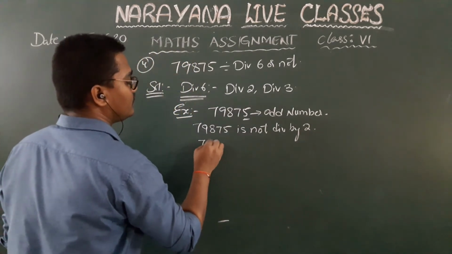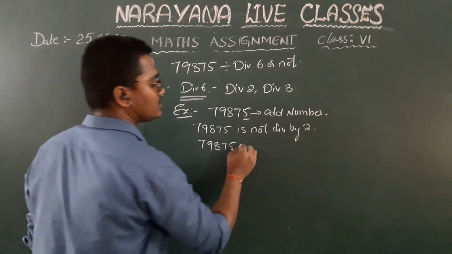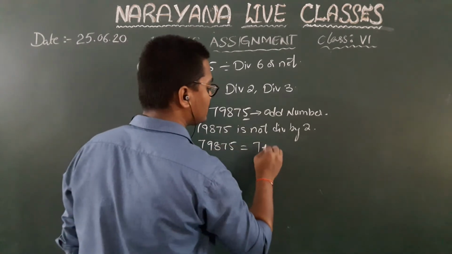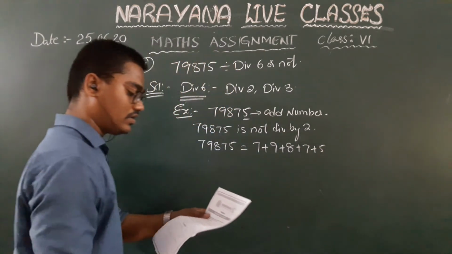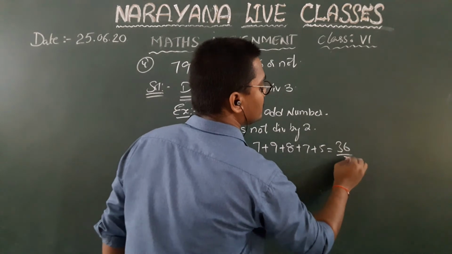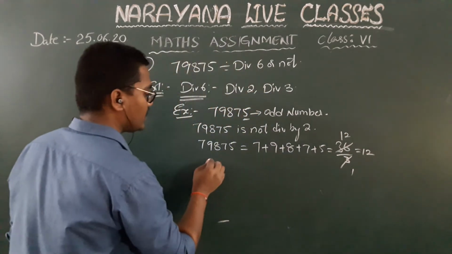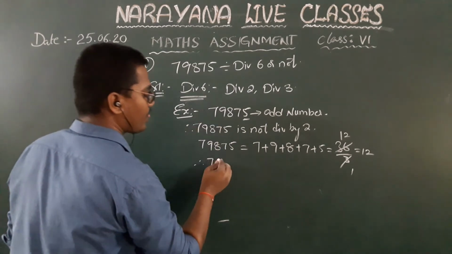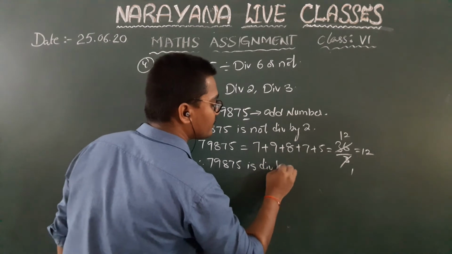Whereas when you take the divisibility rule for 3, the sum of all the digits, that is 7 plus 9 plus 8 plus 7 plus 5, when you add all the digits, the resultant answer will be 36, children, and in the 3 table, 3 1s are 3, 3 2s are 36, and yes, it is divisible. Therefore 79,875 is divisible by 3.